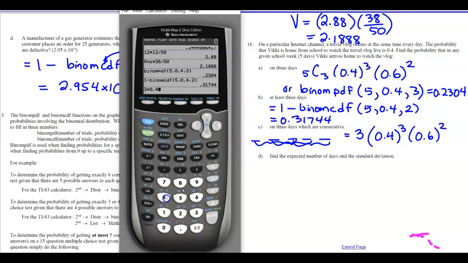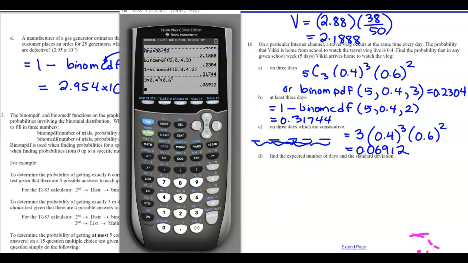Times 0.4, times 0.6. Okay, an expected number of, yep. Because this just says on 3 days which are consecutive.